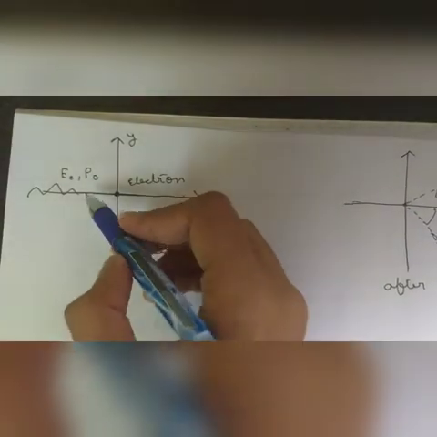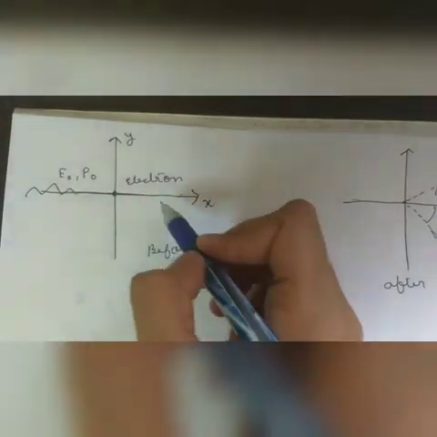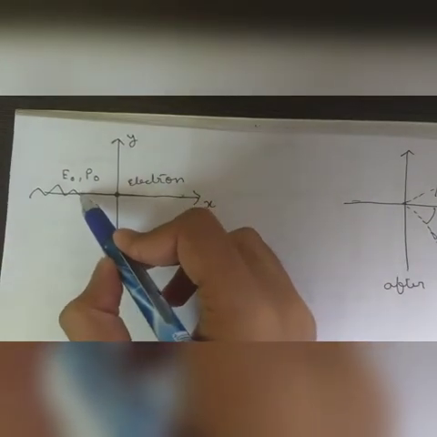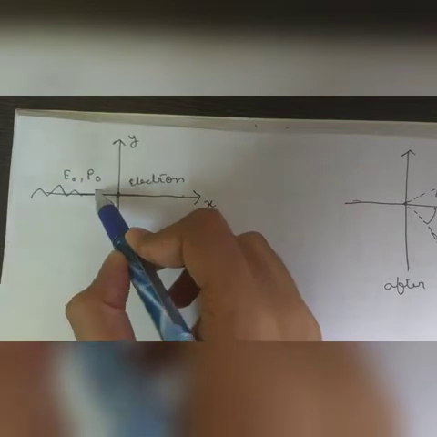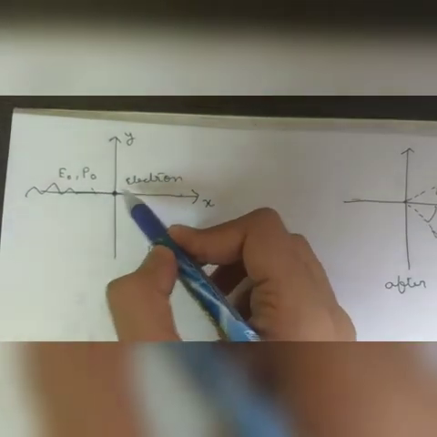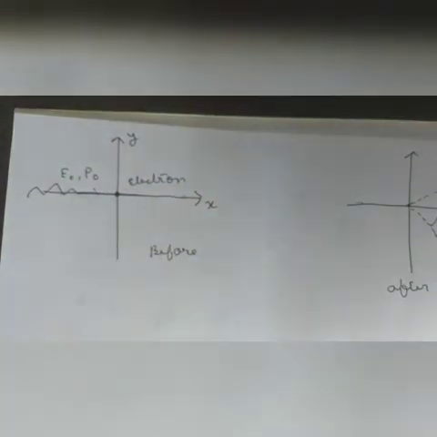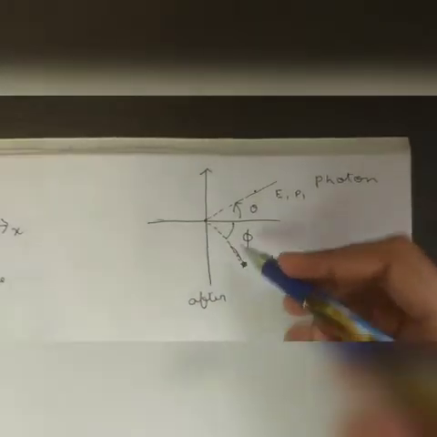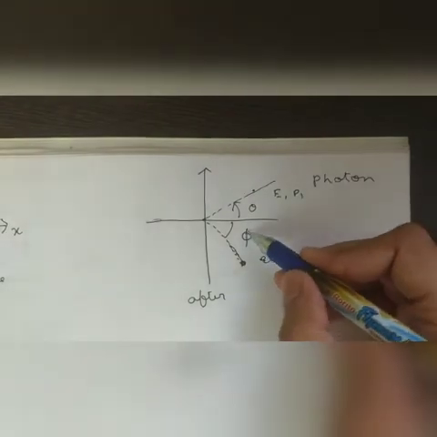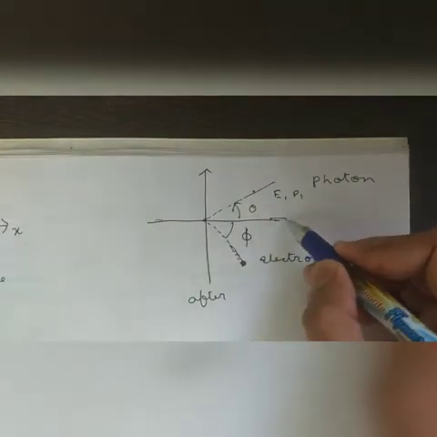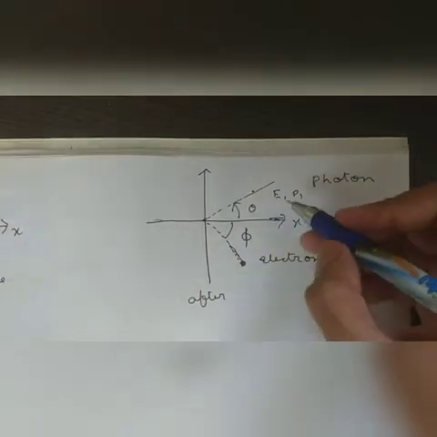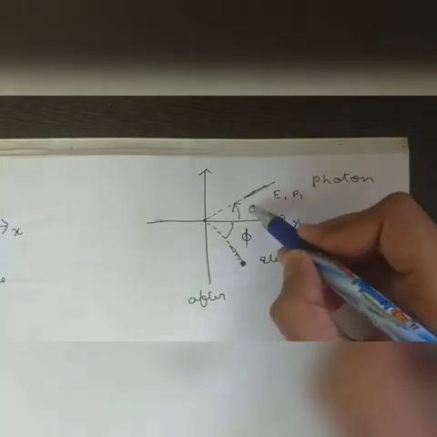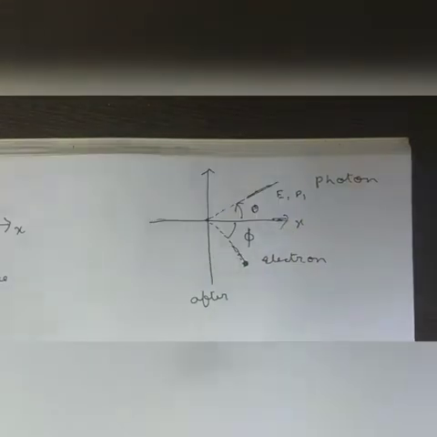We have assumed for simplicity the photons are moving in the positive x direction. It collides with the electron, and after that the electron is scattered at angle phi from the x-axis, and the photon is deflected from its original path by an angle theta.